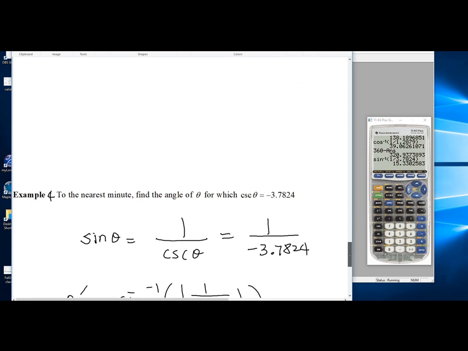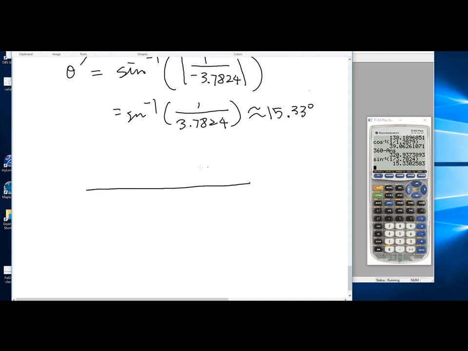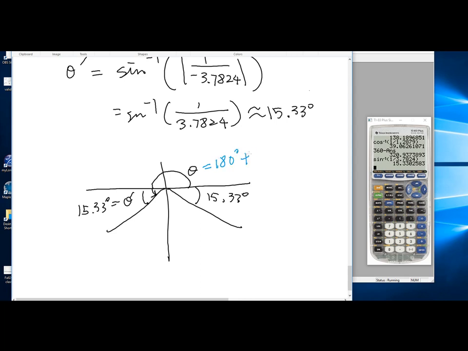Now we are looking for cosecant negative, which means the sine is negative in quadrants 3 and 4. So the reference angle right here is 15.33 degrees, and the reference angle right here is 15.33 degrees. The angle you're looking for in quadrant 3 is 180 plus the reference angle. That's your first theta. So 195.33 degrees in quadrant 3. And sine is negative again in quadrant 4.